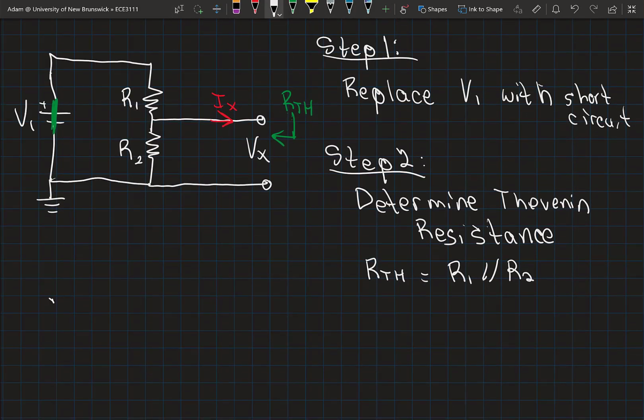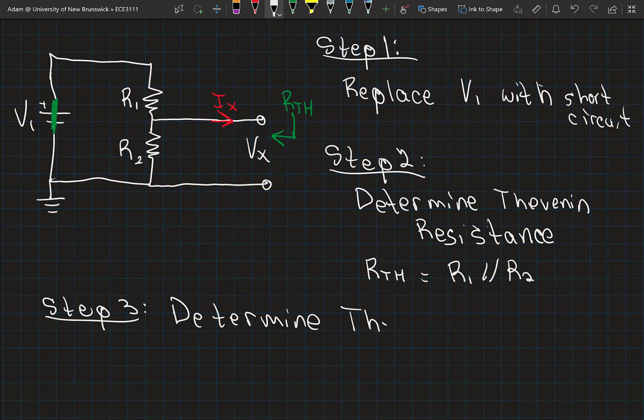Okay. Step 3. We determine the Thevenin voltage. Okay.